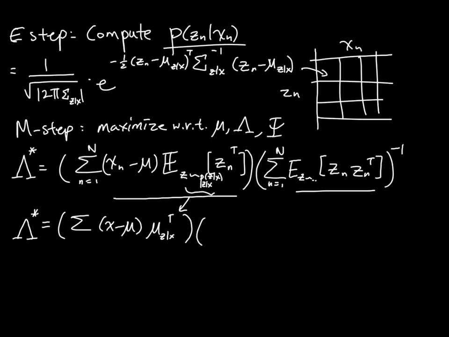And then we have mu z given x mu z given x transpose plus sigma of z given x, this entire thing to the -1, right?